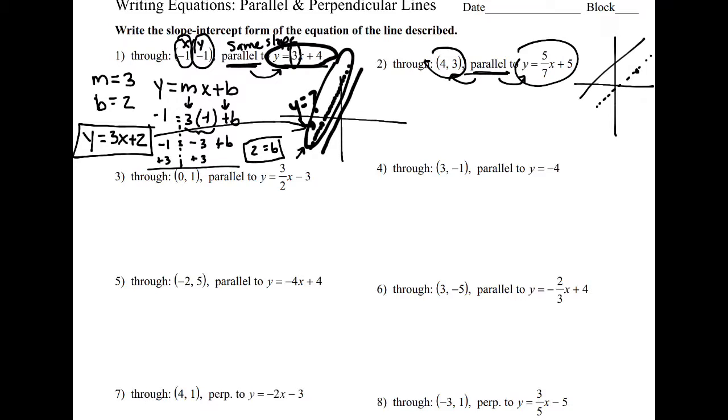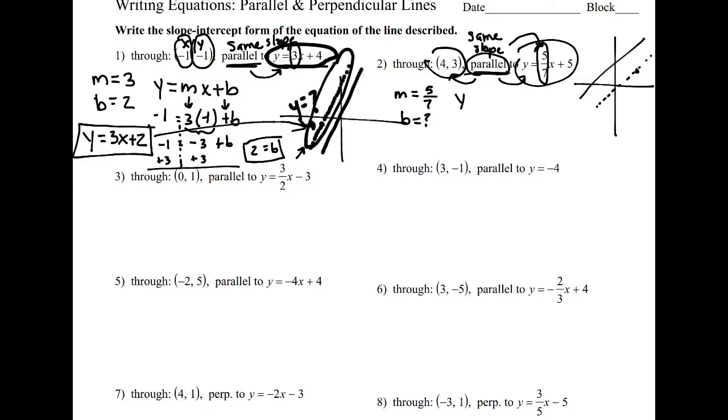So remember, to do that, we know since it's parallel, they have to have the same slope. Therefore, I need to go ahead and take the m out of that equation, because that's what I'm going to use to find the other line. So I know my m is equal to 5/7, and I'm looking for my b value.